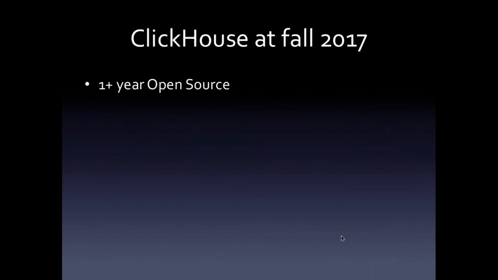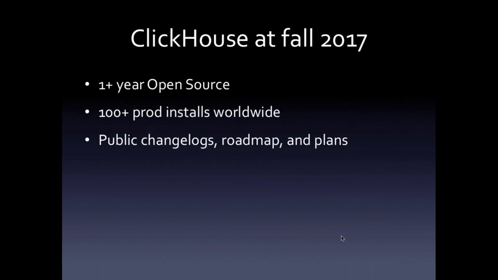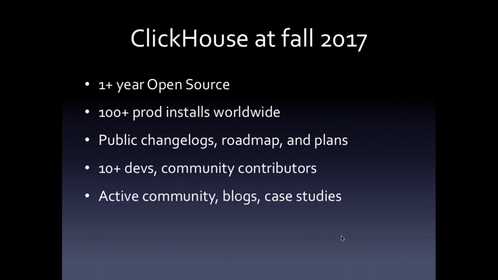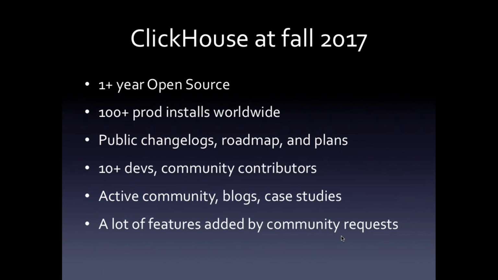So right now, comparing to what we had a year ago, ClickHouse has been more than a year in open source. It has 100 plus production installs worldwide. It has public changelogs, roadmap plans, a very active community, a lot of contributors. You can find blogs and case studies.